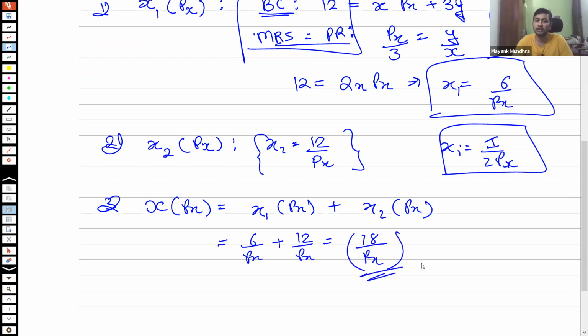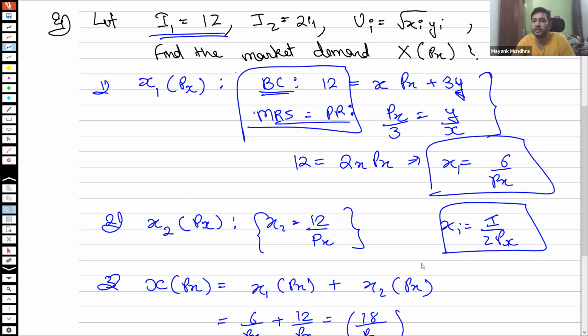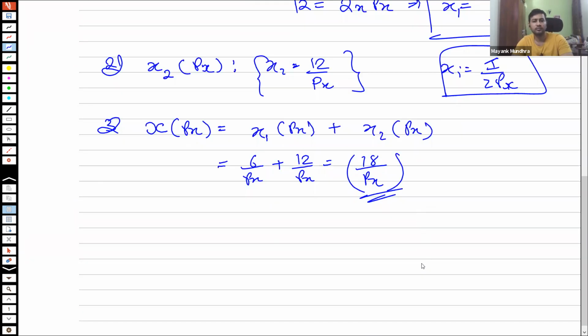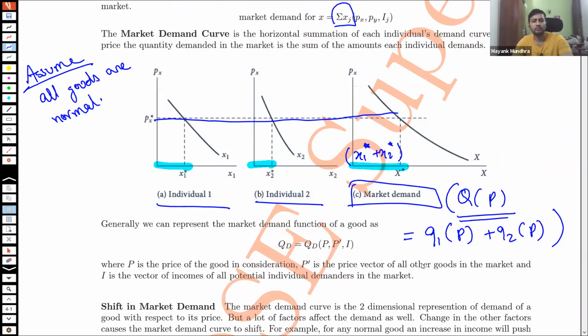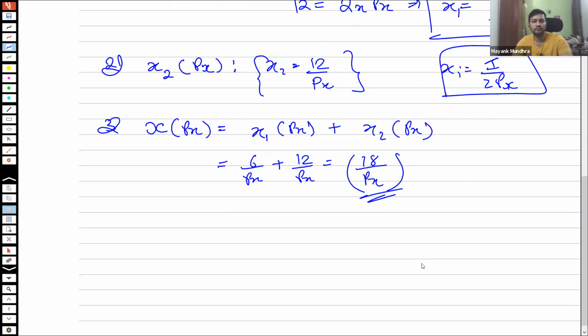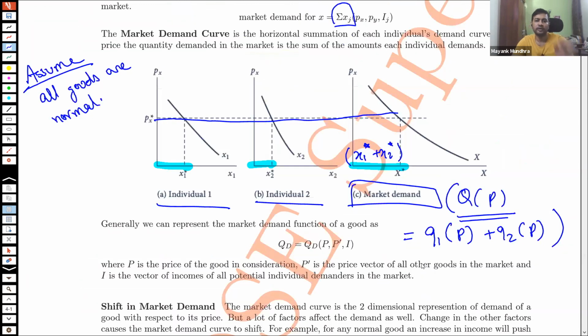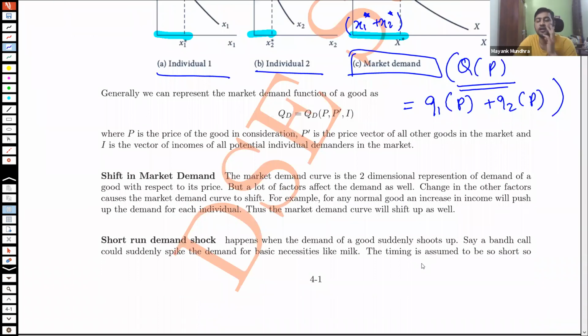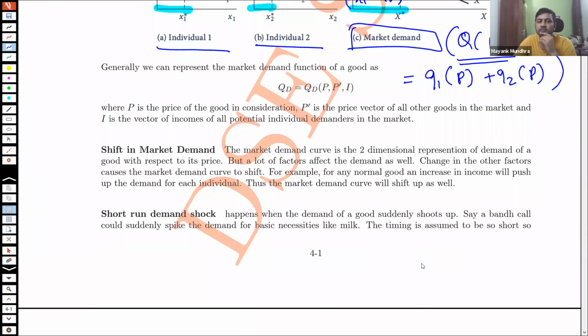So that is the total market demand when these two people are in the market. All right. So that's how you find the total market demand. So this gives you the market demand function.